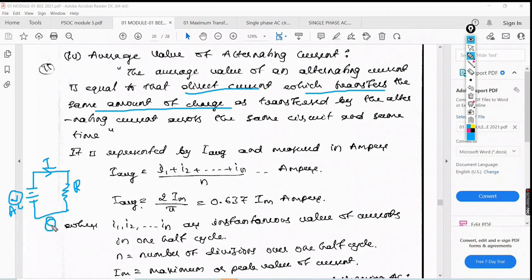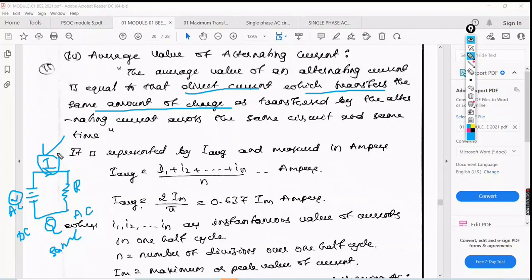The amount of charge transferred by the DC power supply as well as the AC power supply should be the same. The current flowing in the circuit is then called the average alternating quantity. With respect to current, it is the average current. With respect to voltage, it is the average voltage.